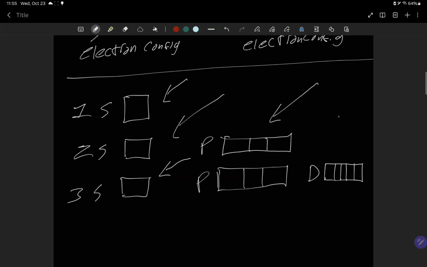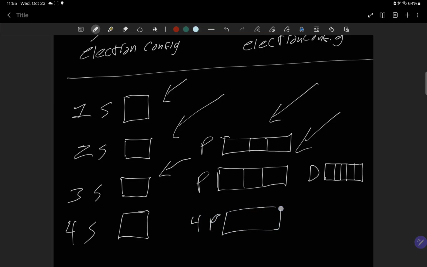That's going to be the S, then P, then 4S, and then there could be a maximum of 2 electrons per each suborbital, yes. And this is where, if we look at it, that's 5, 3 suborbitals, 3, 1 suborbital, 1 suborbital, 5 suborbitals, 5 suborbitals.